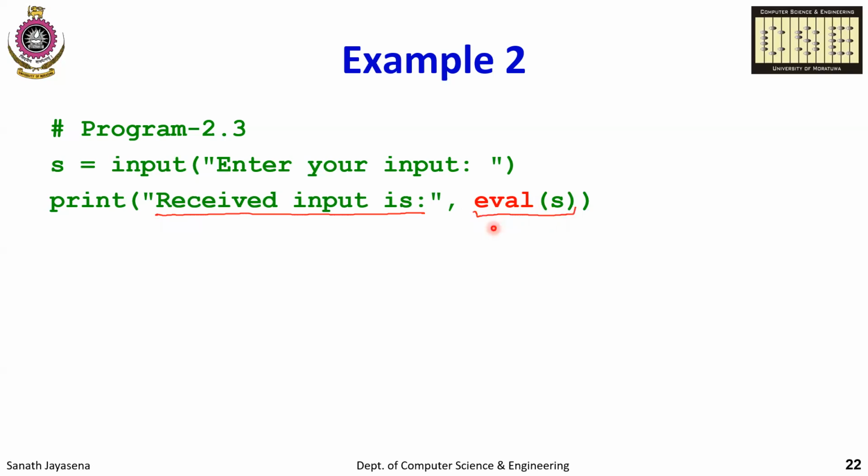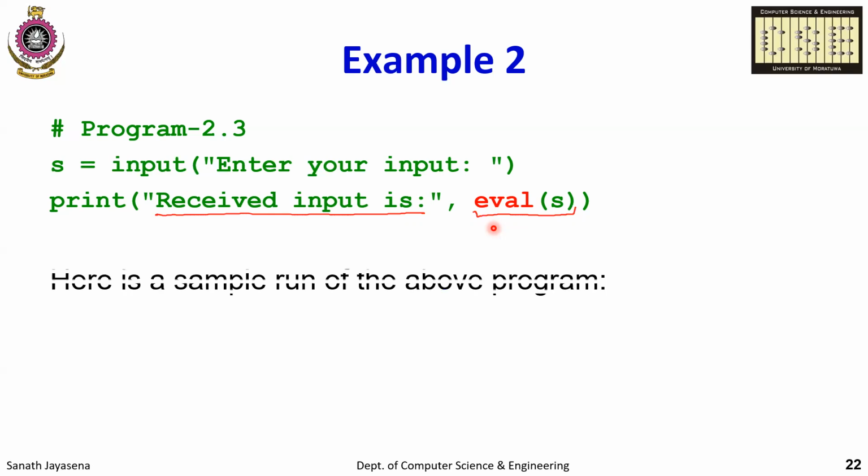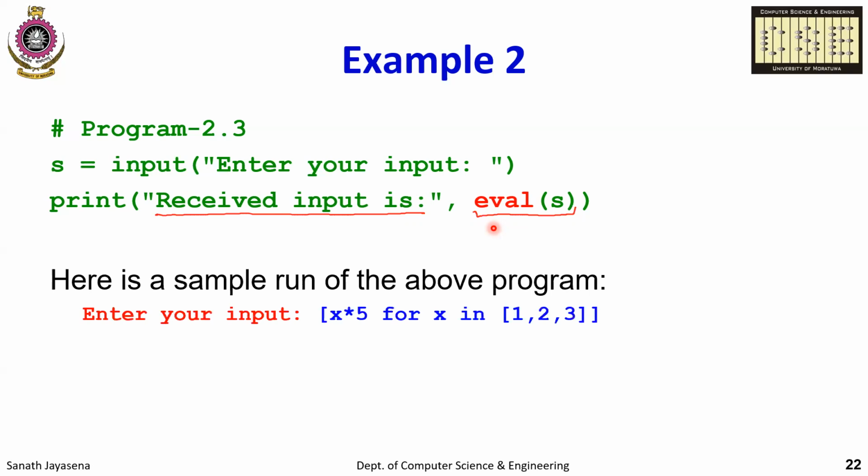So what is eval? Basically the assumption here is that S is supposed to be an expression, a valid expression of Python, right? A Python expression is what is expected as input here, and that gets evaluated by the eval function. So, for example, here we show in blue color.